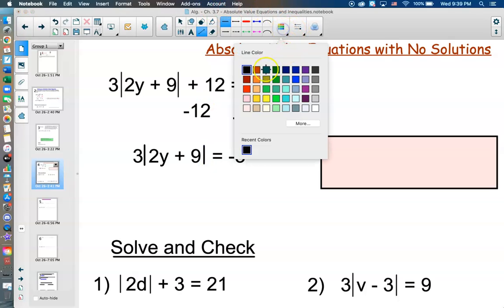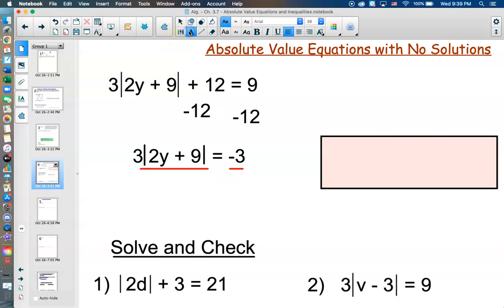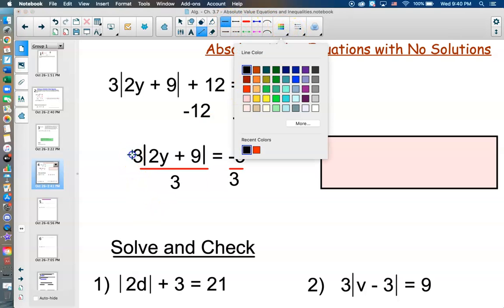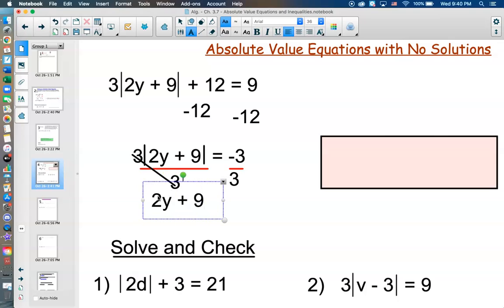And then we would divide by 3 on each side. And when we do that, that's going to cancel these 3's out. And we're left with the absolute value of 2y plus 9 is equal to negative 1.